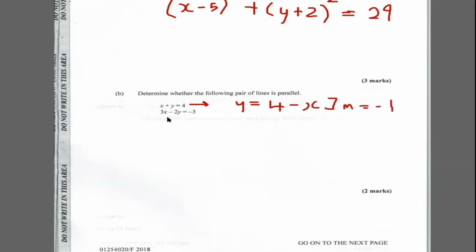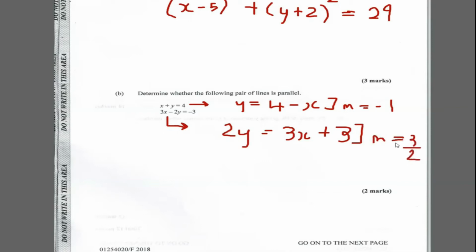Now, what are we getting from the second one? Making y the subject, we bring over this, and we're getting that 2y is equal to 3x plus 3. So clearly the lines are not parallel. From this line, the gradient is 3/2.